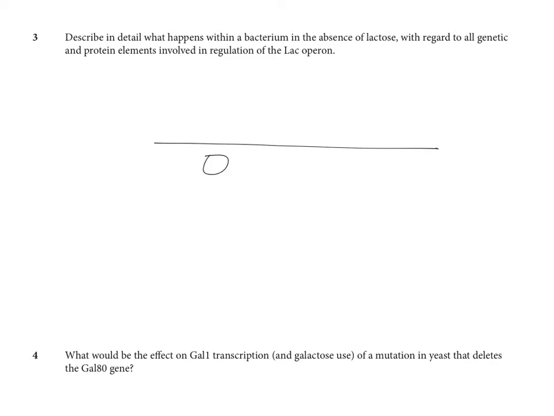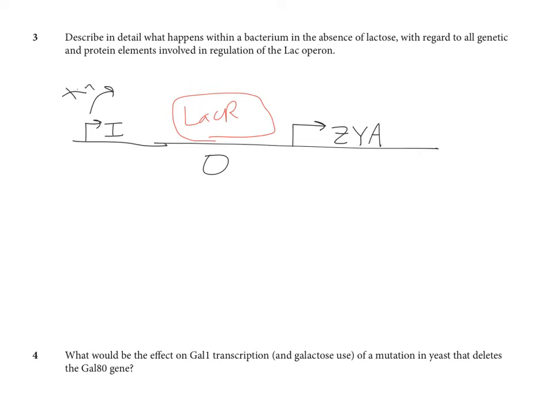So we have the lac operator, and here we have the lac operon encoding the lac-Z, lac-Y, and lac-A genes. And in the absence of lactose, lac repressor, which is the product of the lac-I gene, whose transcription produces a messenger RNA molecule, and then translation of that messenger RNA produces the protein lac-R, lac repressor, which is also called lac-I.